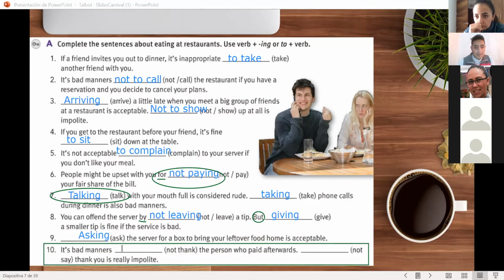A ver, it's bad manners not to thank the person who paid afterwards.